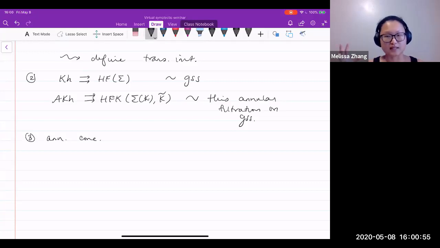Whenever you're doing a satellite construction in knot concordance, you're basically saying, I'm going to tie a donut into the shape of a knot, and the donut itself contains an annular knot inside it. This is an operation which we don't know very much about, and so we need annular concordance invariants to study those. Okay, so I'm going to stop there for any questions.